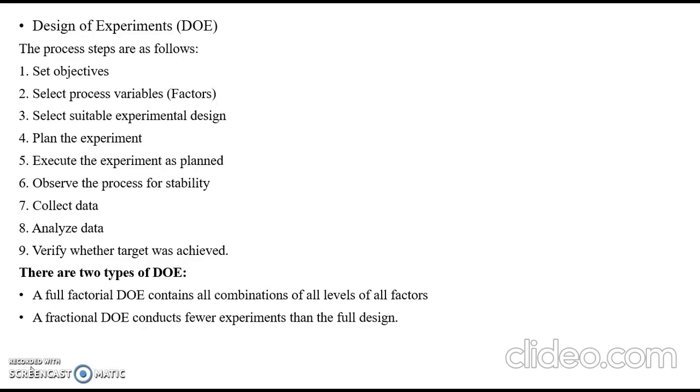For example, temperature, pressure, wavelength, concentration, etc. The second is a discrete factor, which cannot be measured here. That is the color of the product: blue, red, yellow, like that. And the third one is ordinal factors.